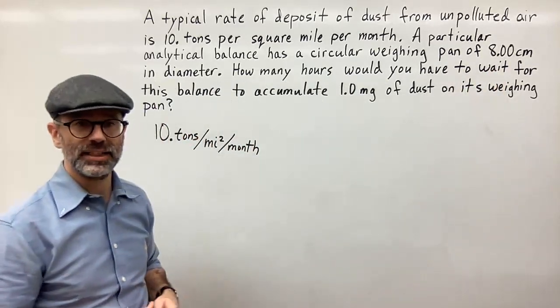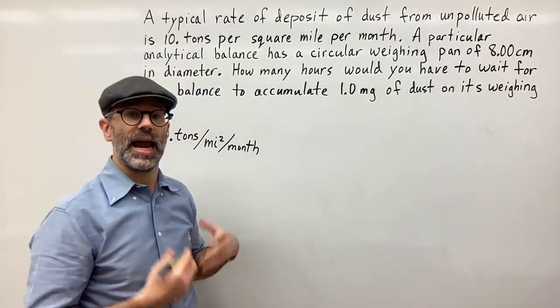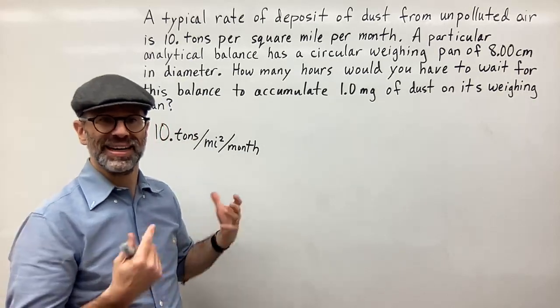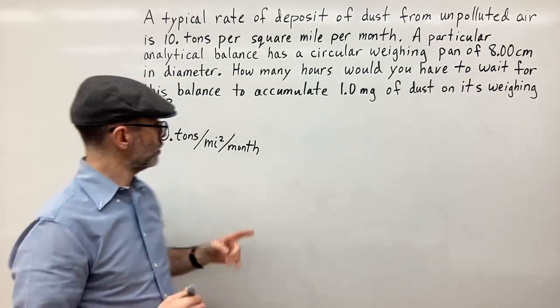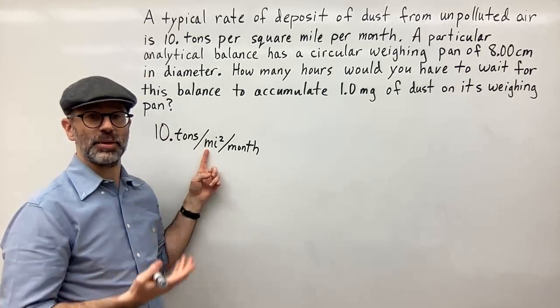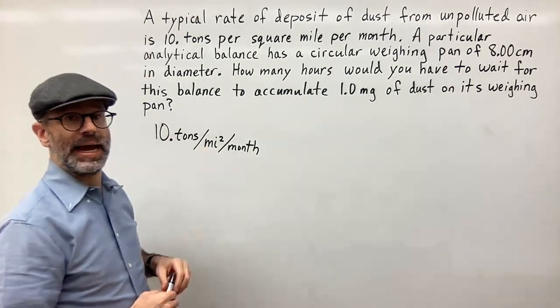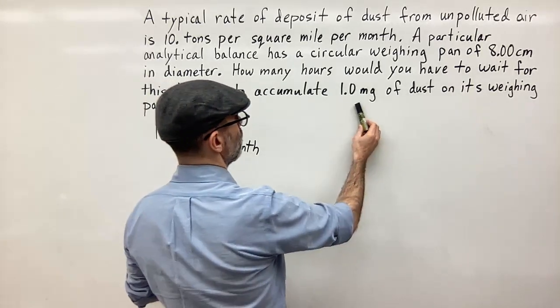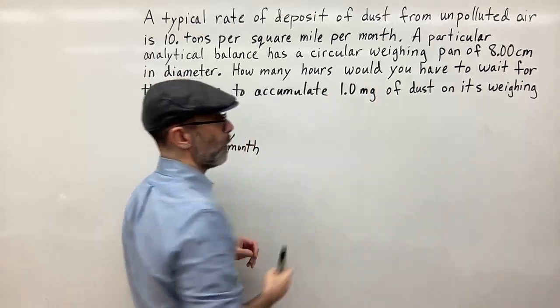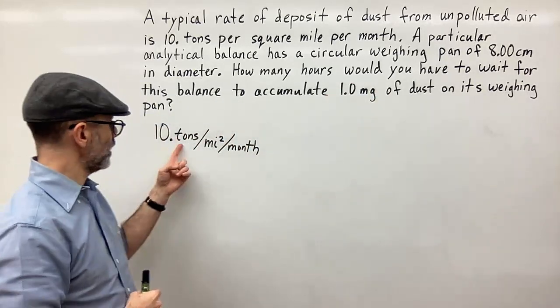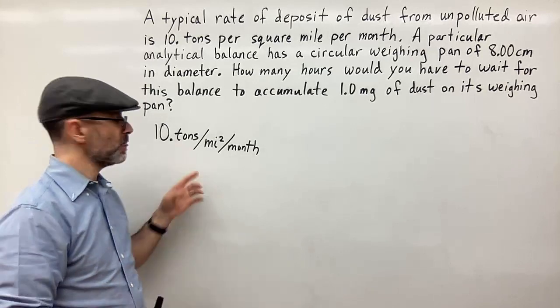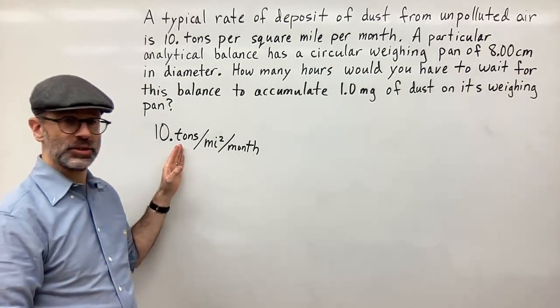I can use that to find the area of the circle in centimeters squared, so if I could change that to centimeters squared, that would be helpful. And they give me 1.0 milligrams of dust, but here I'm looking at tons of dust, so I'm going to change that to milligrams.